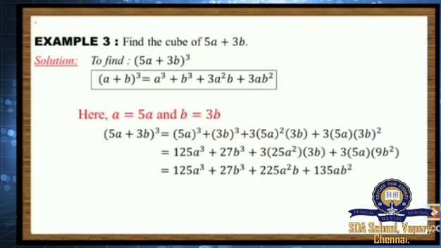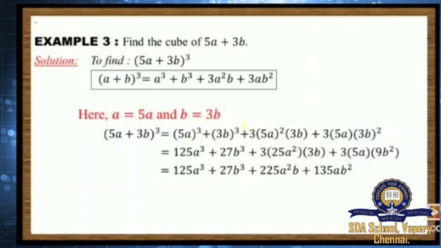Substituting a equal to 5a and b equal to 3b in the above identity, we will get (5a + 3b) the whole cube equals (5a) the whole cube plus (3b) the whole cube plus 3 into (5a) square into 3b plus 3 into 5a into (3b) the whole square. If you apply cube inside the bracket, you will get 5 cube, which is nothing but 125, and if you apply cube for a, it becomes a cube.